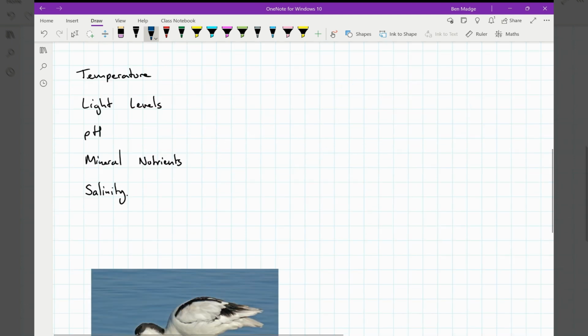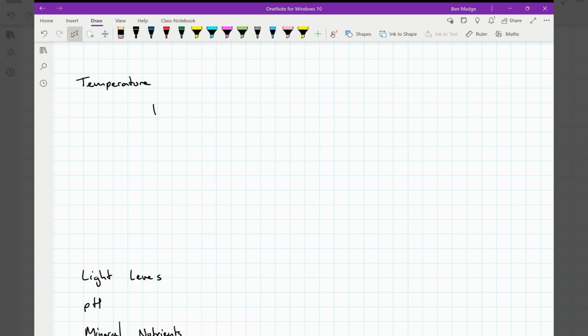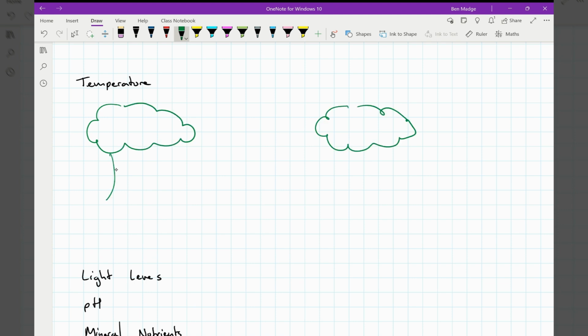Next one then, temperature. So temperature is changed by things like opening up the tree canopy with a clearing, through coppicing or something like that, or the action of a mega herbivore like an elephant or a large grazing bovine like a wild cattle.